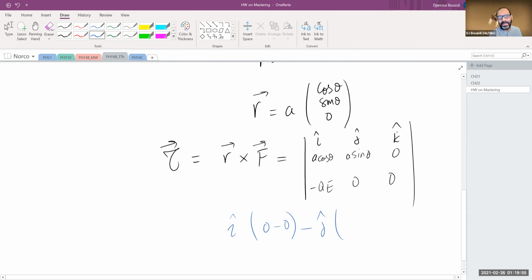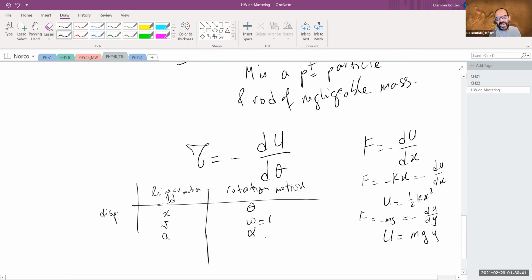The acceleration you use A. The angular acceleration is alpha, which is the second derivative. This is the first derivative of theta. This is the second derivative of theta, or the first derivative of omega. And this is the first derivative of X, and this is the second derivative of X, or the first derivative of the velocity.